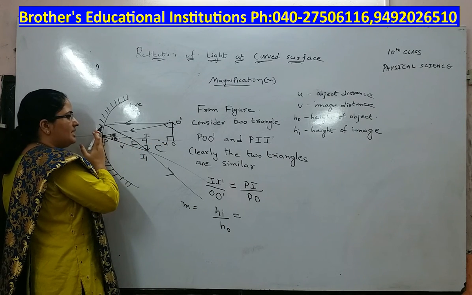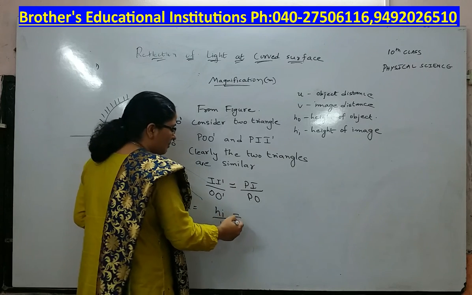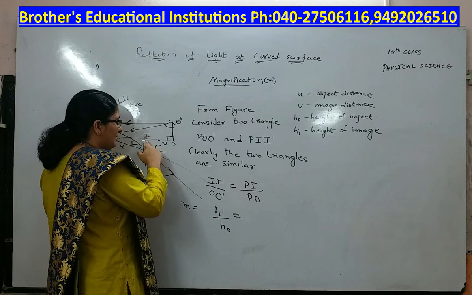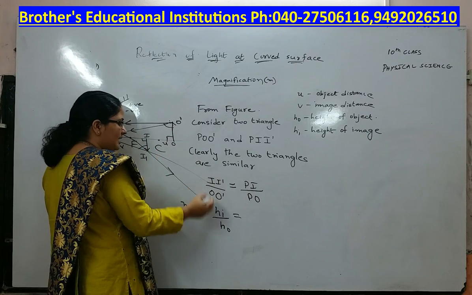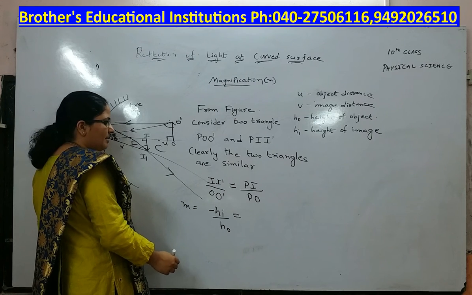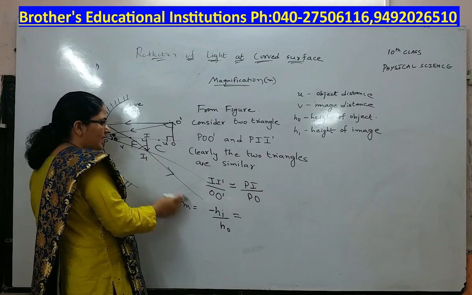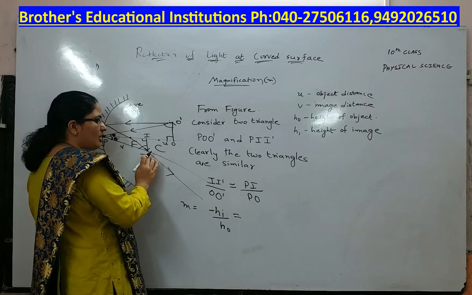But since we are measuring against the direction of the incident light, you have to take it with a minus sign. And again, HI is taken with a minus sign, minus HI, because the height of the image is downward.